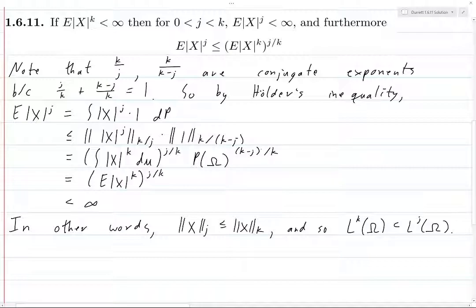And so if you do the algebra and take the jth root of that, you'll end up with the j norm of X is less than or equal to the k norm of X times the measure of the space raised to some exponent. And I think that's a little more general and a little more insightful, because this tells us something about how L^p spaces are structured, at least on spaces of finite measure.